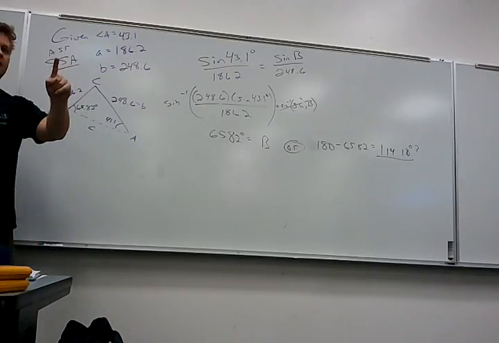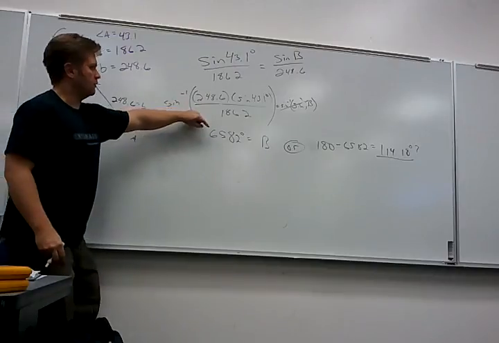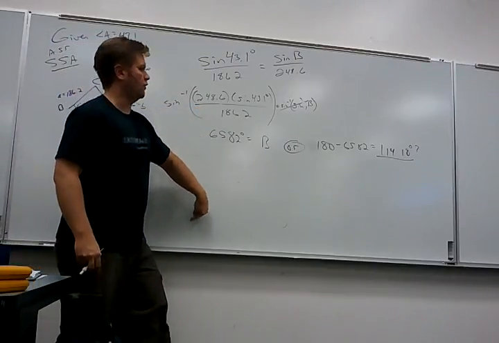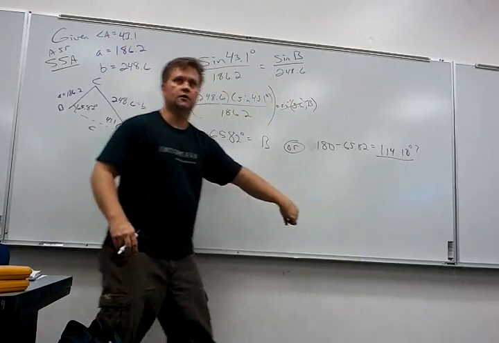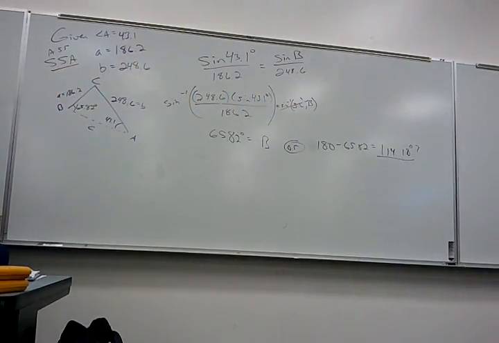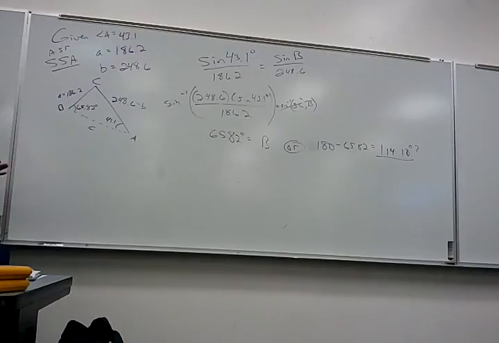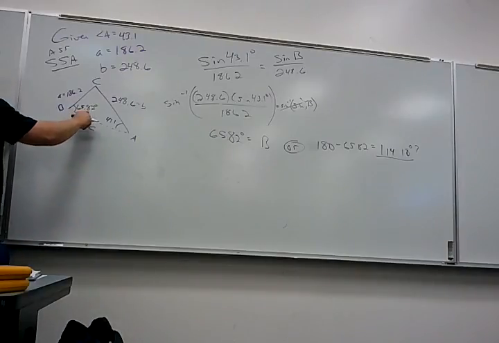So what you're going to love about this problem is you have to finish out if it's this, and then you have to finish out if it's this. You have to get everything. So it could be 65.82, that's case one.